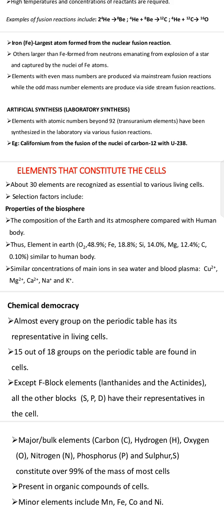neutrons. They were formed as a result of neutrons coming out from the explosion of a star, and those neutrons which were coming out from the exploded stars were captured by the nuclei of the iron atoms. So after being captured, it automatically formed those larger elements.